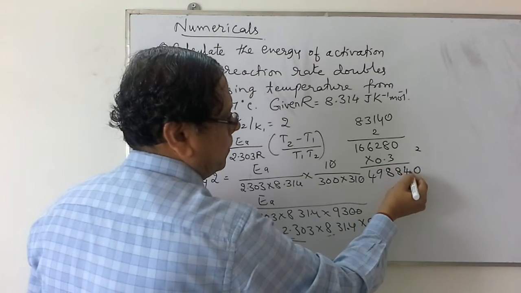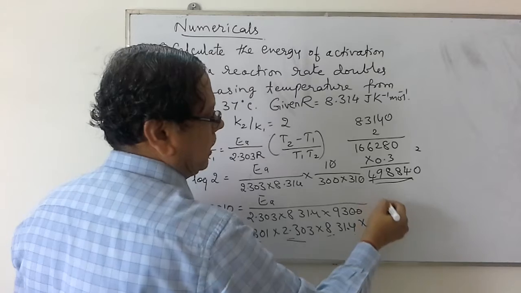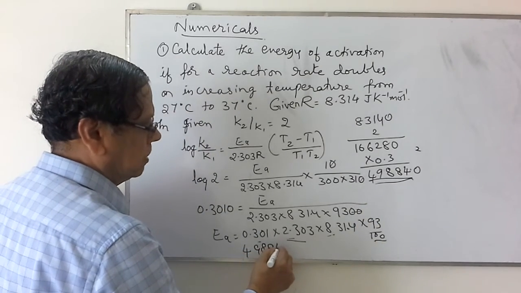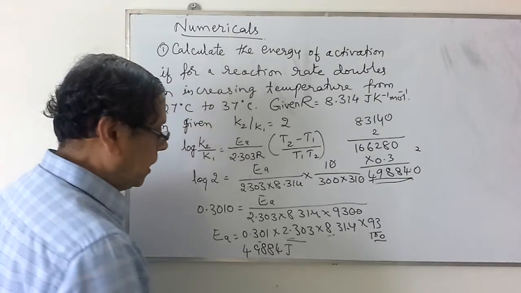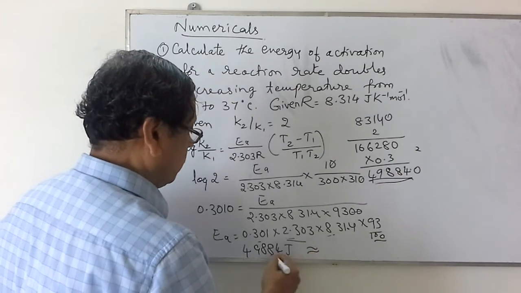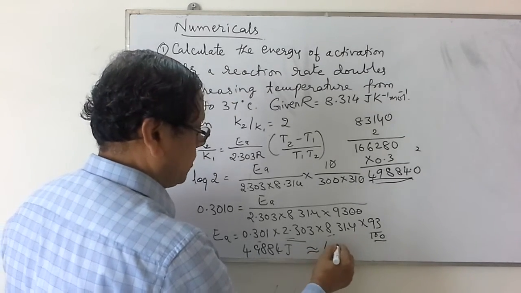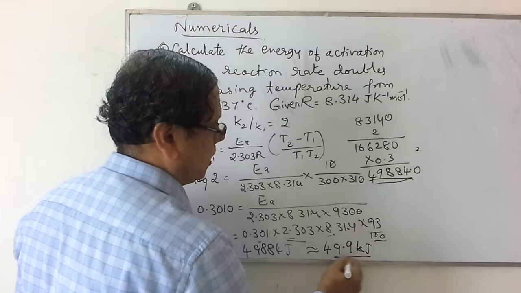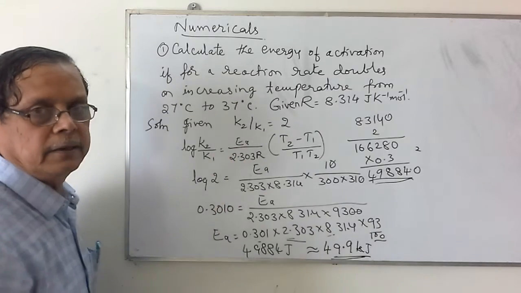So there will be 49,884 joules. This can be written as 49.9 kilojoules per mole for that reaction.